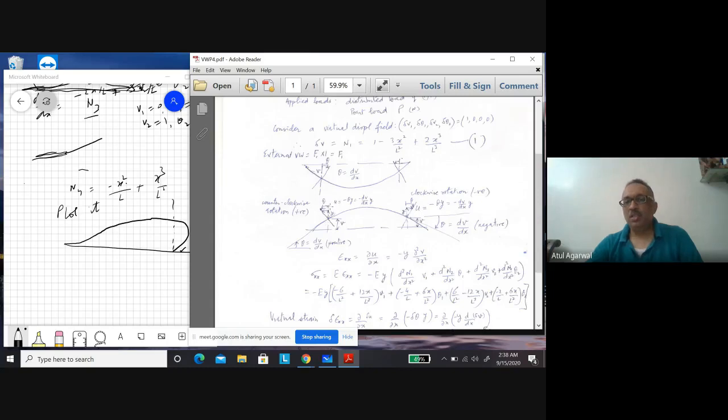Initially the cross section was like this, finally the cross section is perpendicular to the bent neutral surface. So we will see that any point on the cross section moves in the horizontal direction by this displacement.